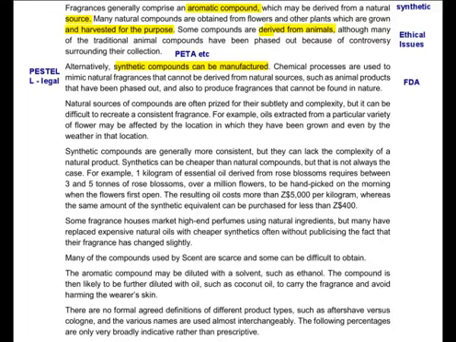So other than this, why else would a company want to use synthetic materials? Well, as you can see in the next two paragraphs, it talks about the advantages of synthetic materials. They can be much more consistent, and this is because plants are obviously made of nature, and so many natural things can impact that, such as the way they've been grown and the weather in that location.